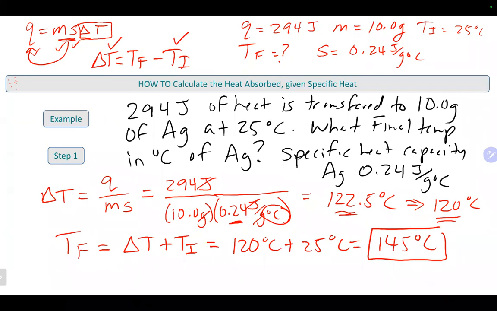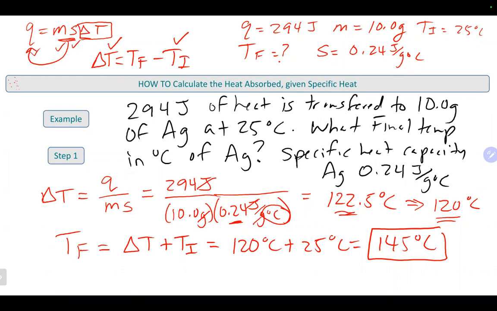But probably the right thing to do would be at that point to round it to the right sig figs and then add the final number there. Since technically it'd be kind of like two different operations. You're multiplying, dividing, then you're adding and stuff like that. If you had the 148, which I think is what you get if you didn't round there, or 147.5 or something like that, I'd probably take it. It'd probably be okay. Other questions on that?